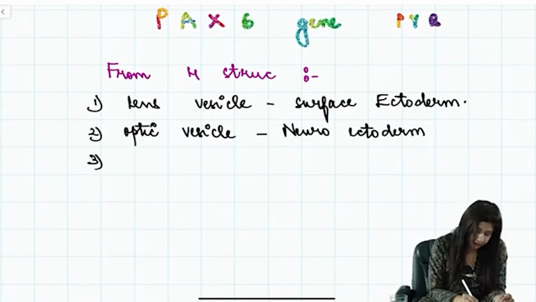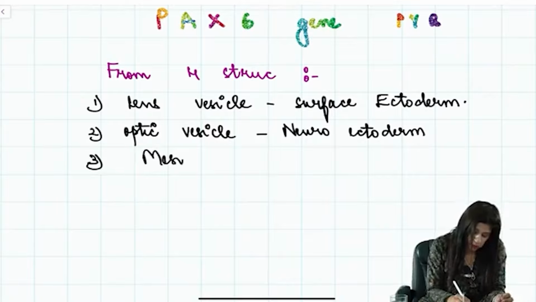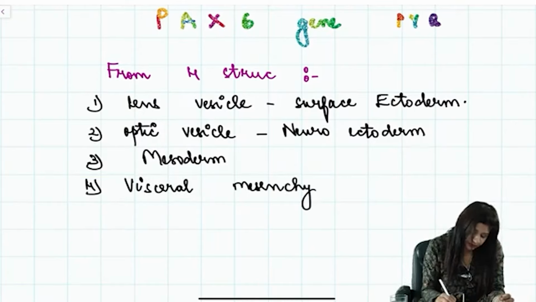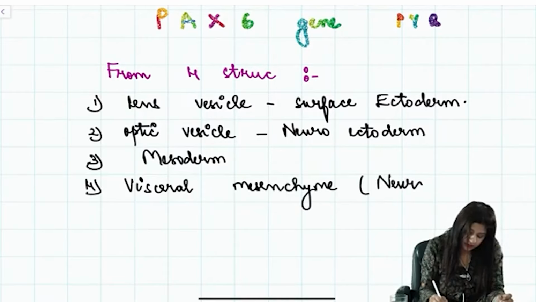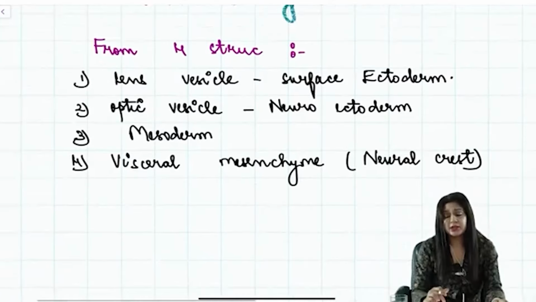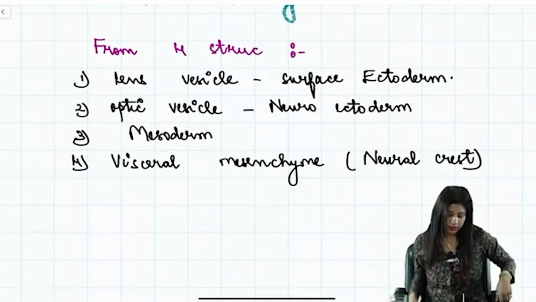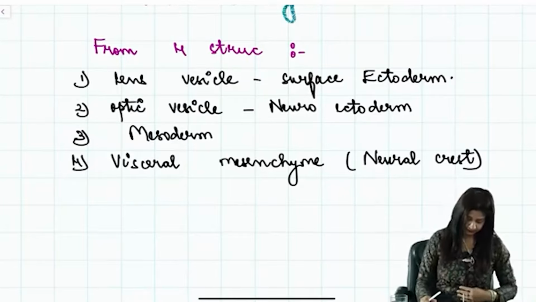Then we have the mesoderm, and number 4 is the visceral mesenchyme, which represents the neural crest. These are the 4 structures from where the development is taking place.